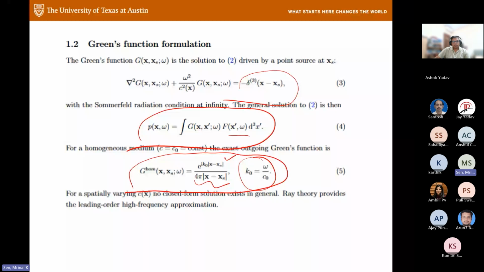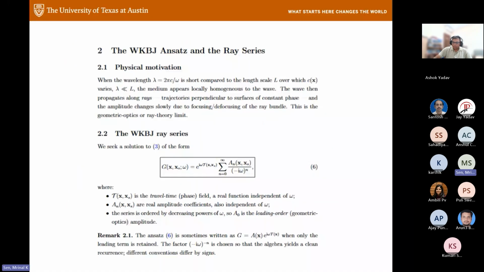So for spatially varying c(x), like I said before, we don't have a closed form solution like what I showed you earlier. So here we'll make use of a high frequency approximation. How high is high frequency? That's something that is not rigorously defined. Ray theory is said to be valid for infinite frequency, but it works quite well even at reasonably low frequencies, except for the places where it breaks down.